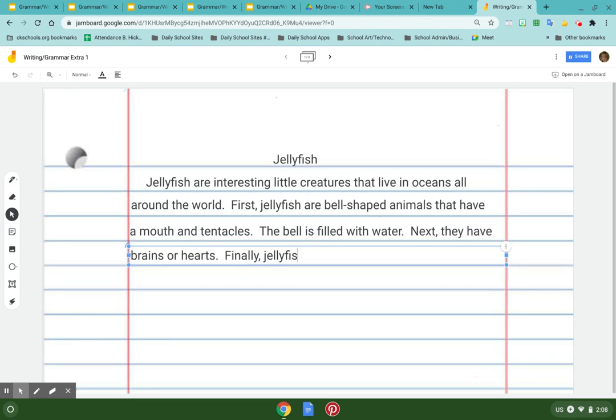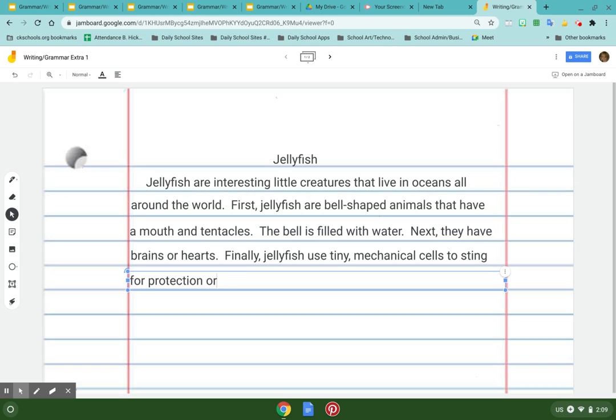Jellyfish use tiny mechanical cells to sting, to sting for protection or for food.